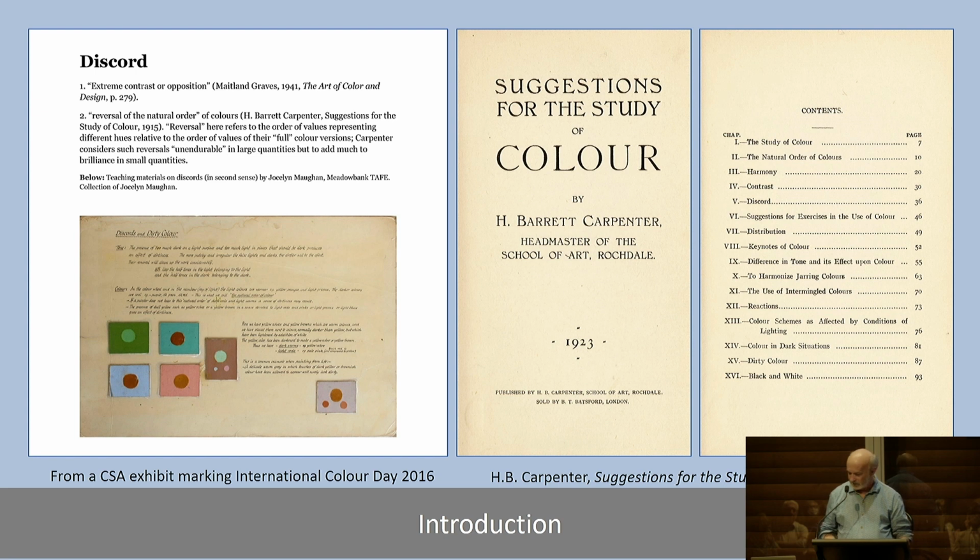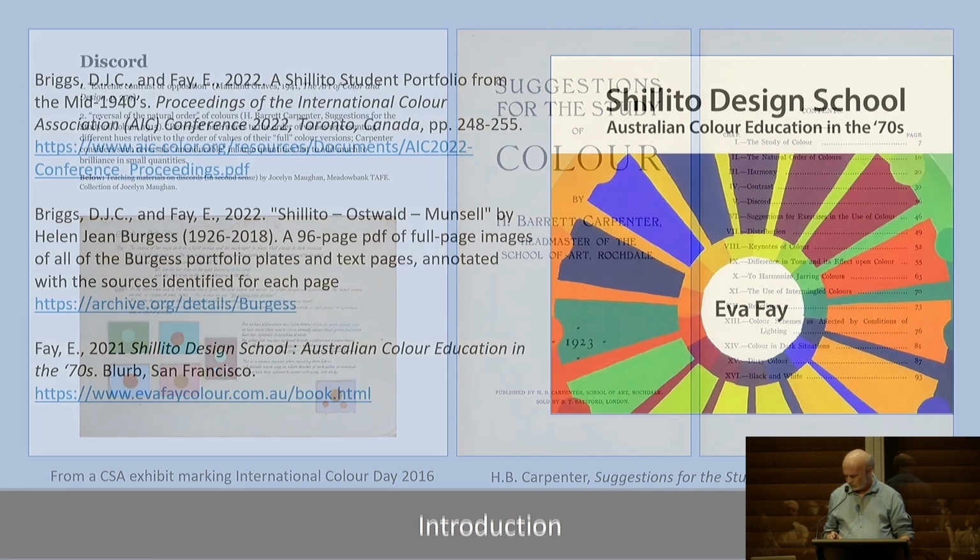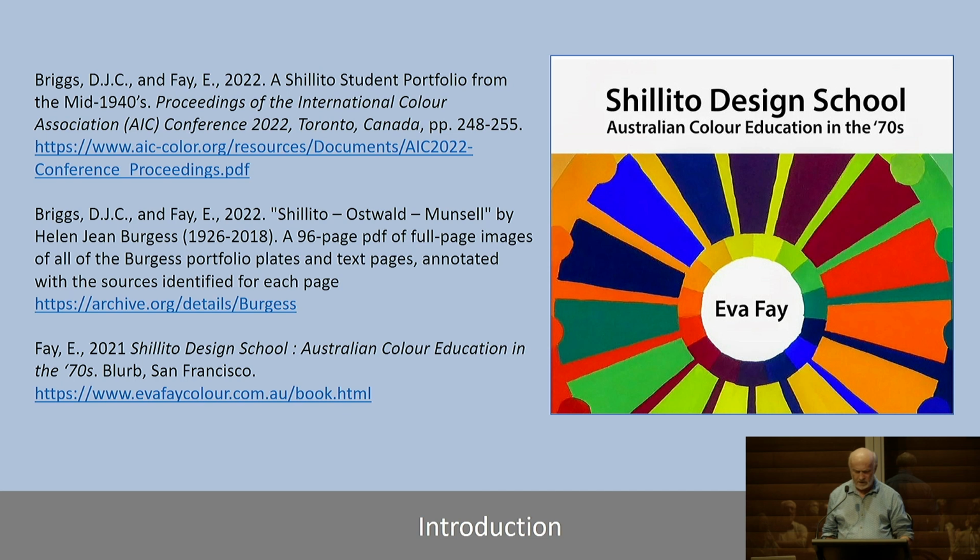And then in 2021, at our national conference, which coincided with International Colour Day, Michael Lesh gave a talk on the Carolyn Simpson Library, and he showed a slide of a portfolio, the 1945 Burgess portfolio.